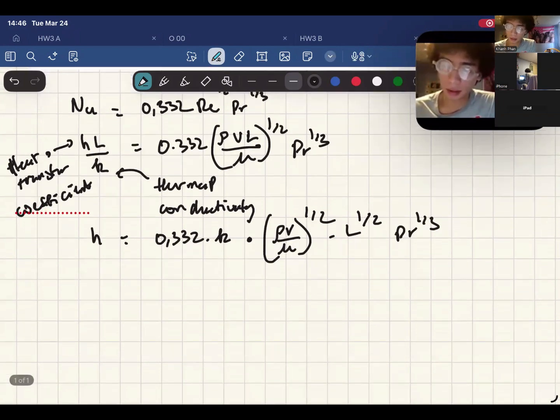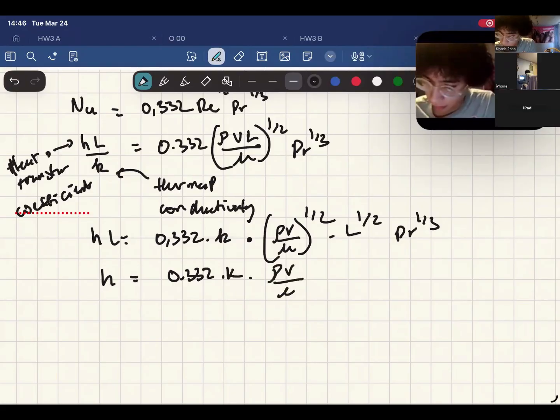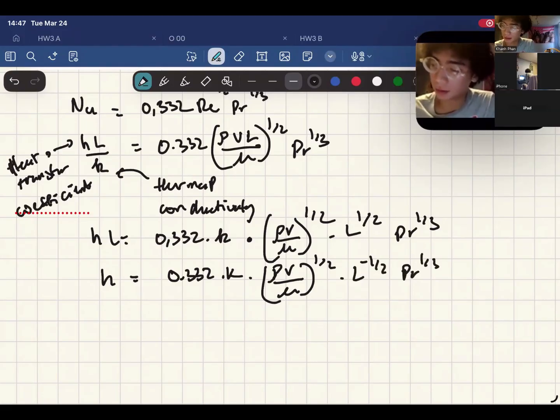And so we know that the heat transfer coefficient, we also move L over to the side. I forgot. So we would have 0.332 times k times rho V over mu to the 1/2, and then L to the negative 1/2, and then the Prandtl number to the 1/3.